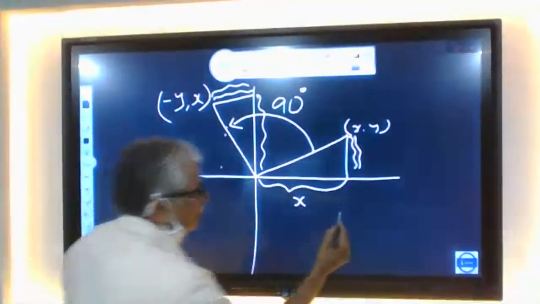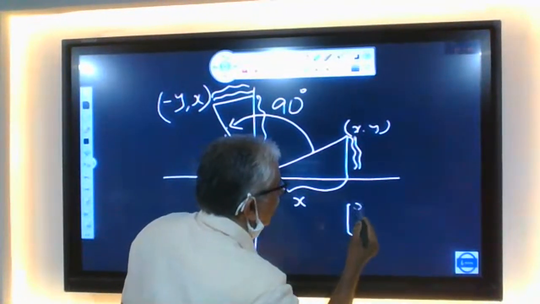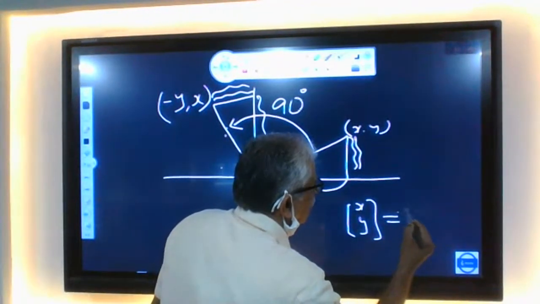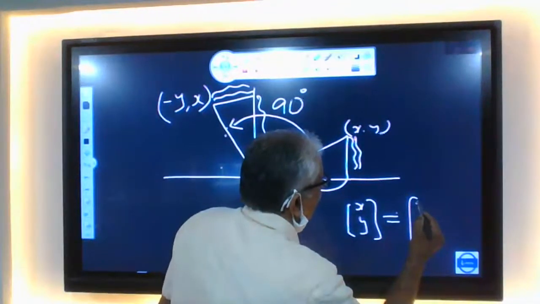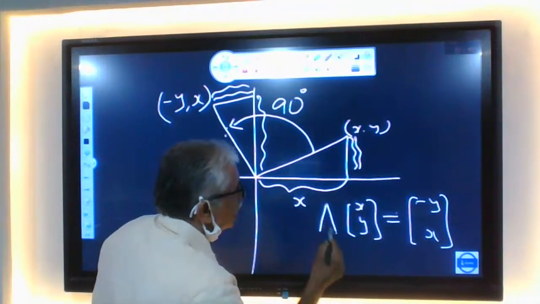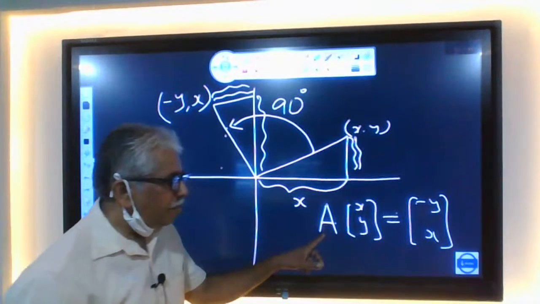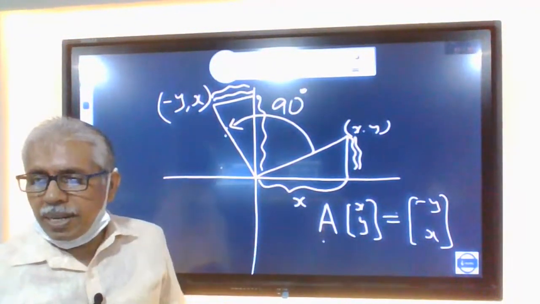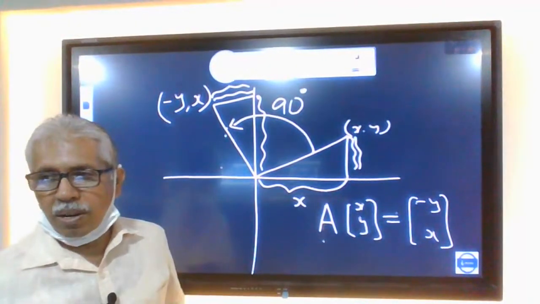So if the point vector (x, y) is changing to (-y, x), what matrix you have here, that will be the matrix making a 90-degree rotation anti-clockwise.